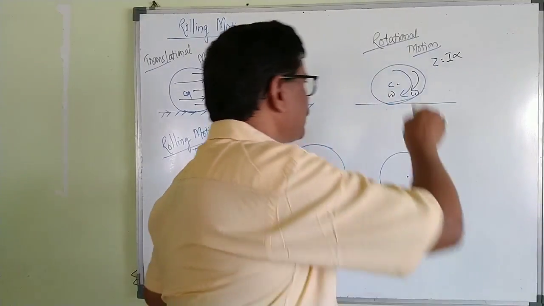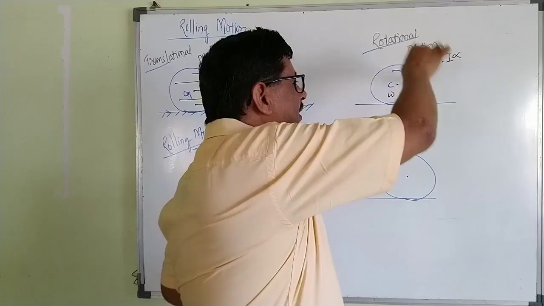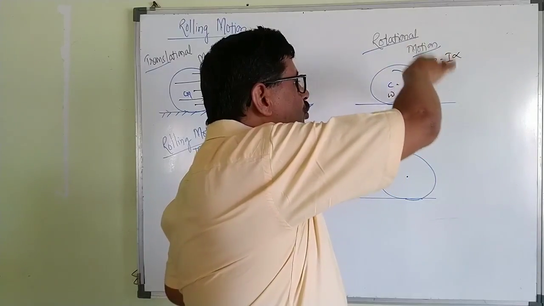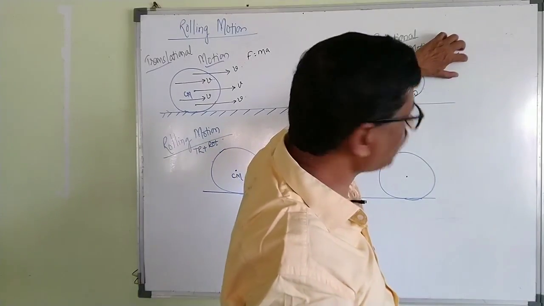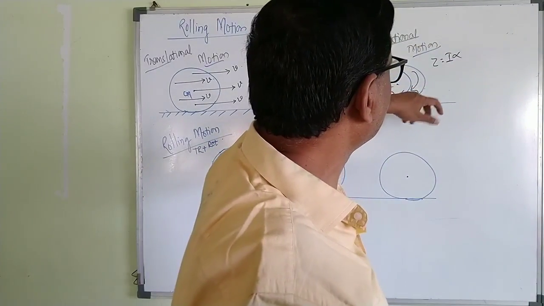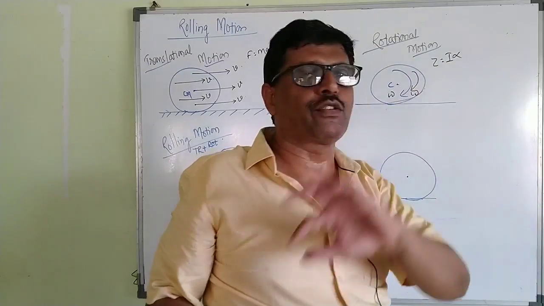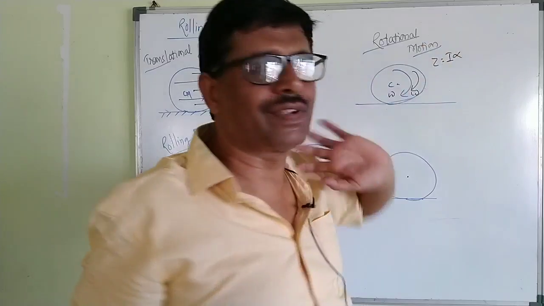The axis is perpendicular to the plane of rotation, and all the particles will perform circular motion with constant angular velocity. If you apply an external torque, all the particles will change the angular velocity at the same rate. Therefore, the angular acceleration of all will be the same.